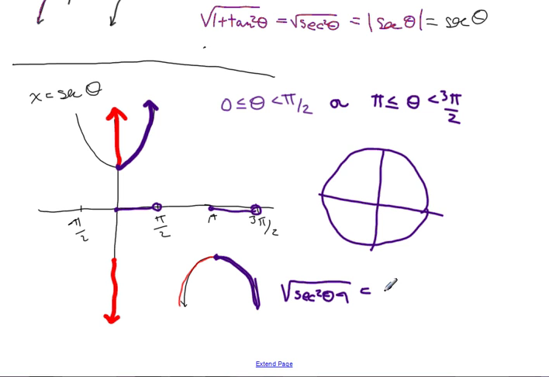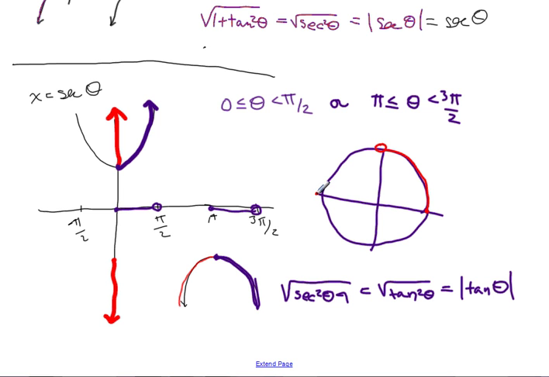Which, of course, is tangent squared theta. So if we're taking the square root of that, as mentioned above, that would usually be the absolute value of tan theta. But let's look on the circle. The restriction that we're working with is theta from 0 to pi over 2, right? That goes all the way up to a right angle.